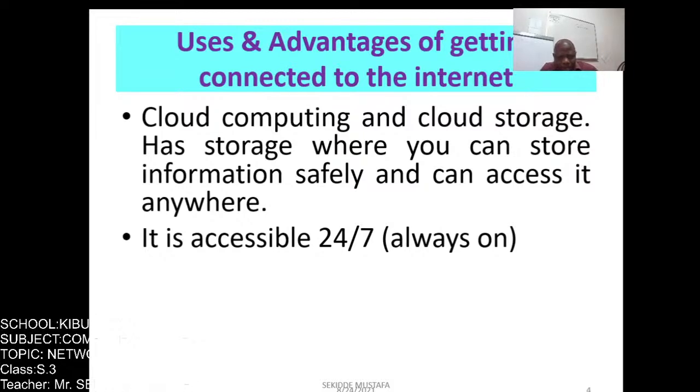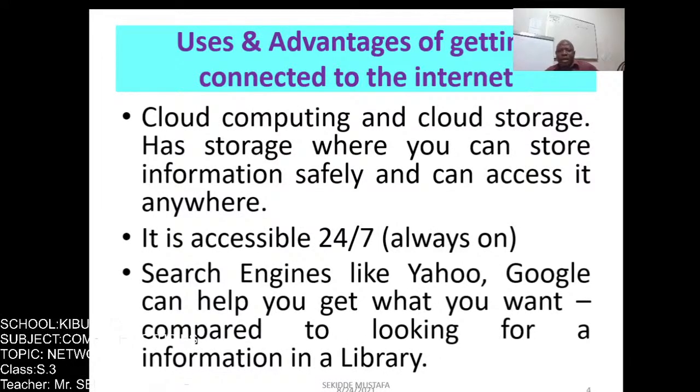Then the other one is the use of search engines like Yahoo and Google, which can help you get what you want. A lot of information. We have e-libraries over the internet. We have Wikipedia, where we have a wealth of information. So the use of search engines can help us to get the information we want. That is another advantage of the internet.